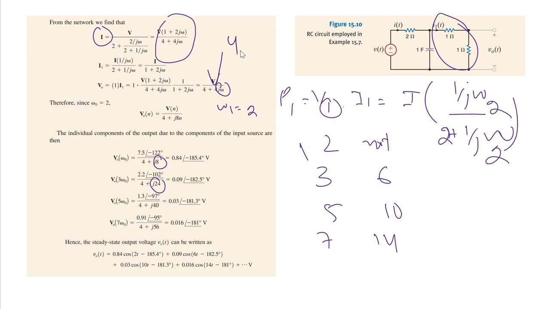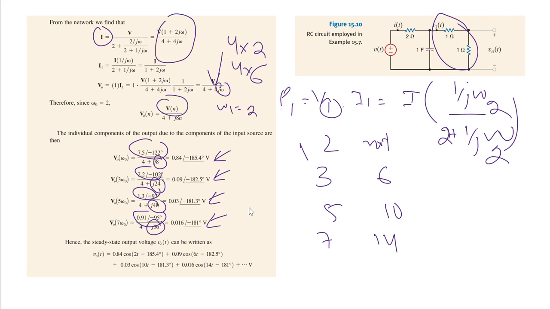So 4 multiplied by 2, 4 multiplied by 6, and 4 multiplied by 10 is 40, 4 multiplied by 14 is 56, and consequent voltages are also used. So V by I, V by I, V by I, V by I. So V1, V2, V3 and V4, these are used. So we got these voltages for this output branch.